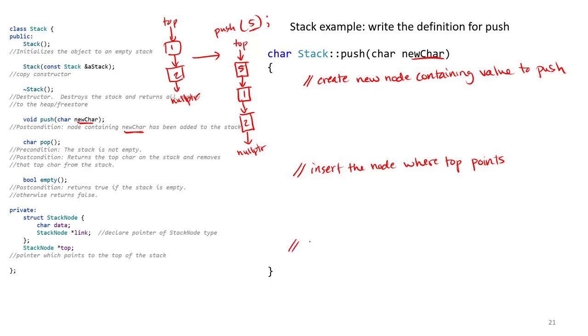And then finally, our last step, we need to update our pointer top so that it points to the very first node. Because initially, top might actually be pointing at our second node after we attach our new node. So we have to update top, make sure top is always pointing to our very first node.